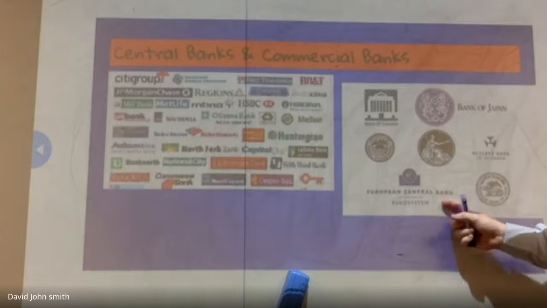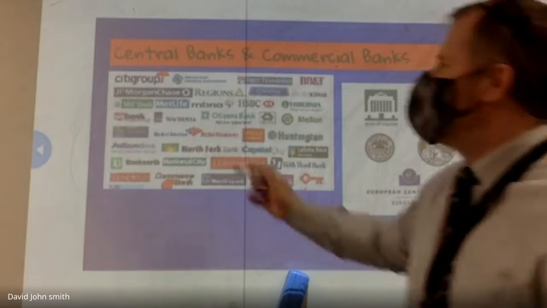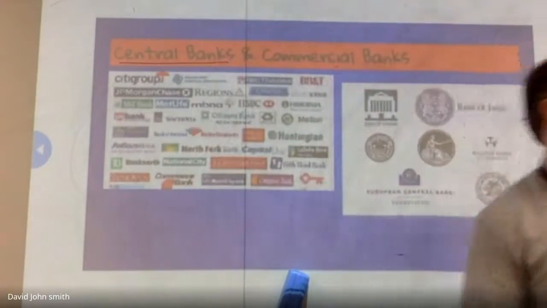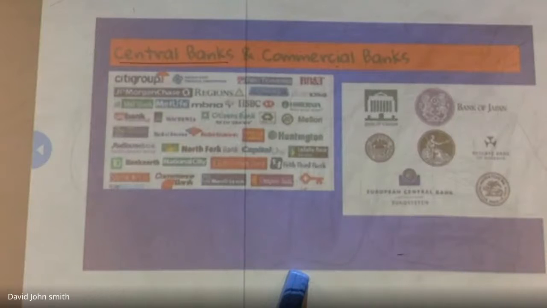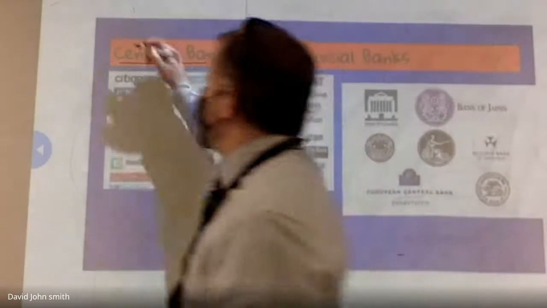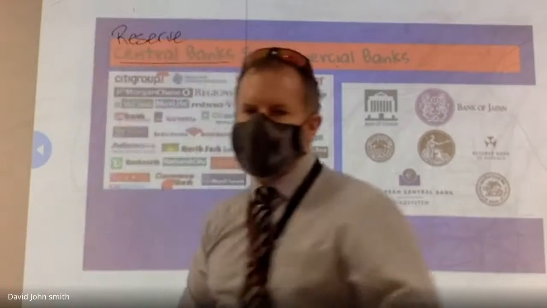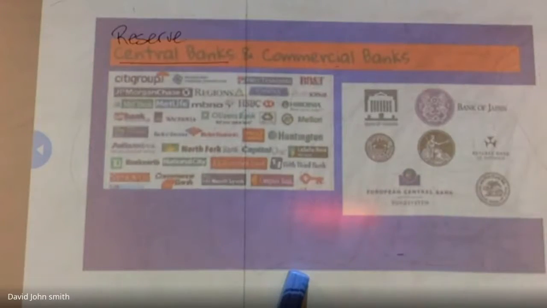These ones are different. These ones tend to be known as central banks. Sometimes we call them reserve banks. It means the same thing. They're either called central banks or reserve banks. If you look at these ones, again, you might be familiar, you might have heard of them in the news, you might have driven past them.